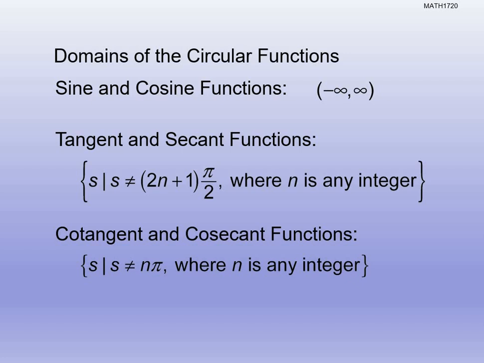So anytime cosine went to 0, secant's going to have an asymptote. Cotangent is what? Cosine over sine. So anytime sine goes to 0, cotangent's going to have an asymptote. Remember cosecant is 1 over sine. Anytime sine goes to 0, cosecant will have an asymptote because of division by 0.